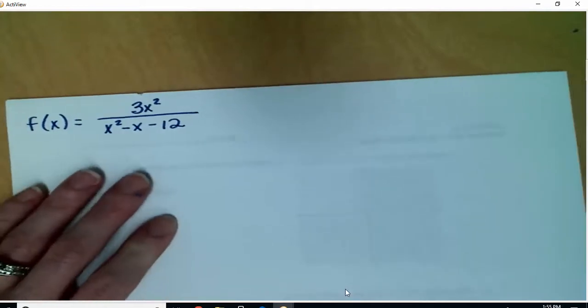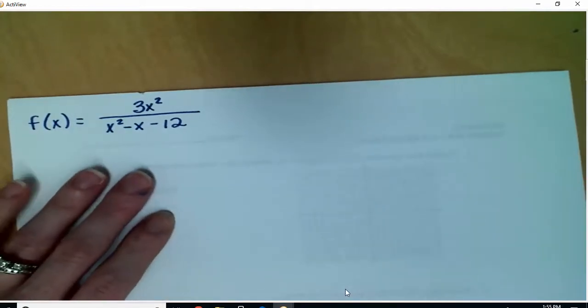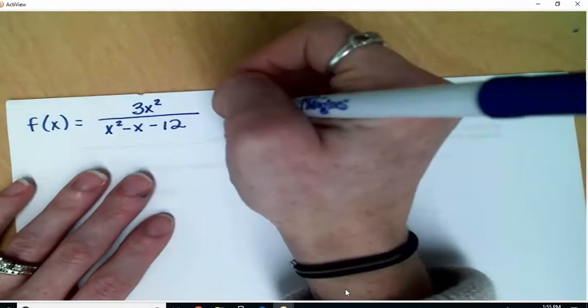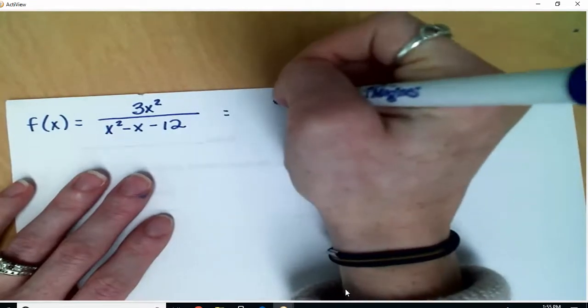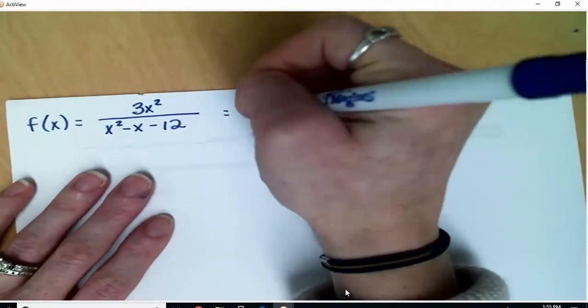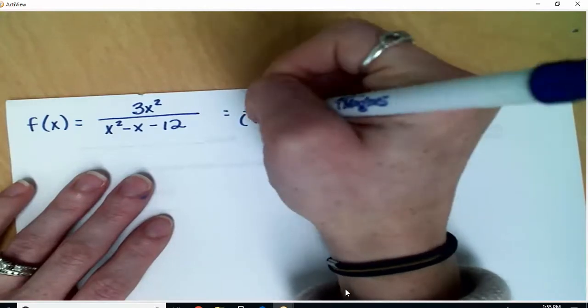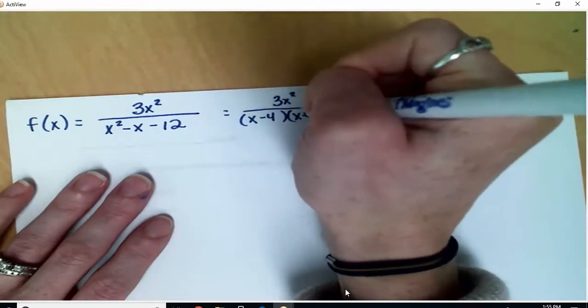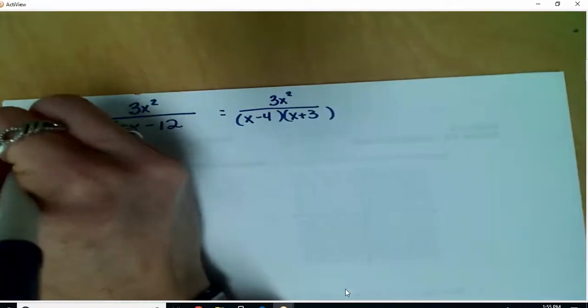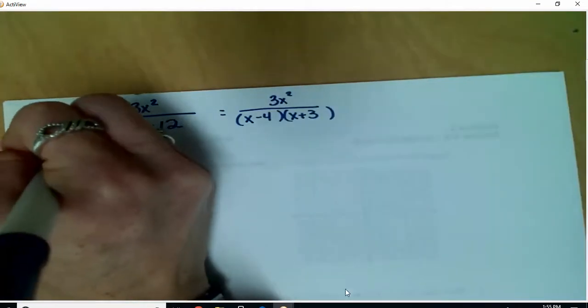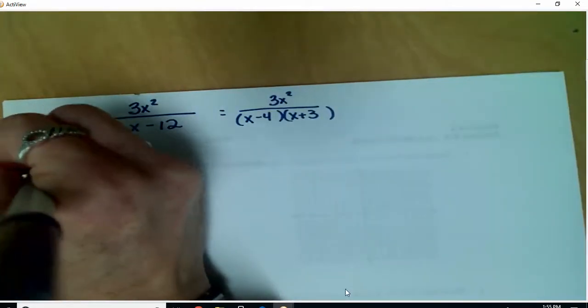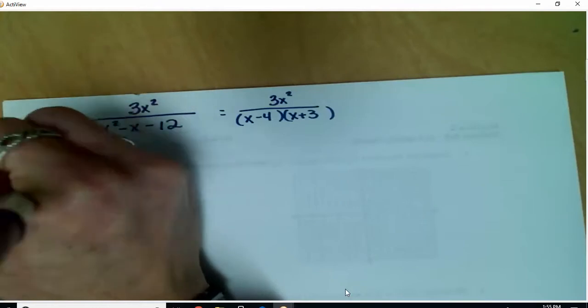Okay, the first thing I would tell you, and I will break it down and tell you step by step, I want you to factor the numerator and denominator. So the top we can't factor. What would the bottom break into? Okay. And then I would ask you about your intercepts. Your x-intercept and your y-intercept.